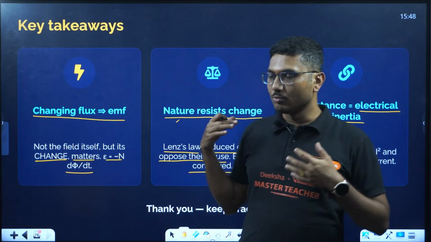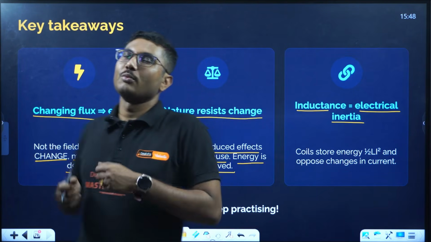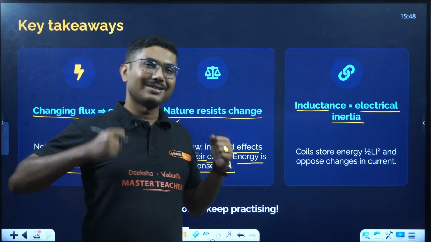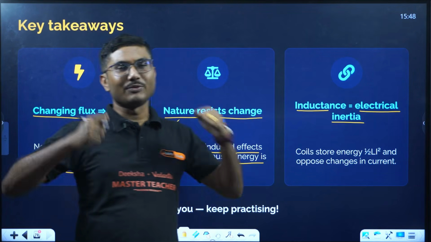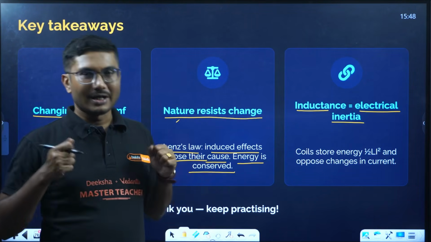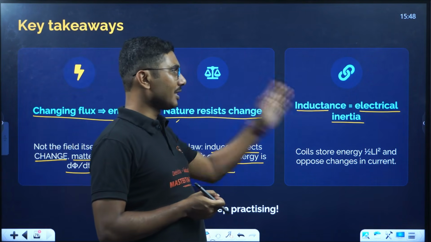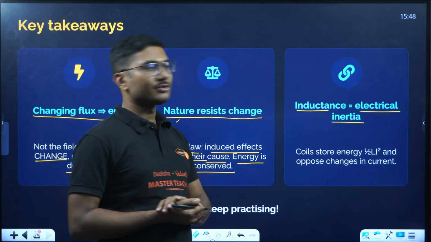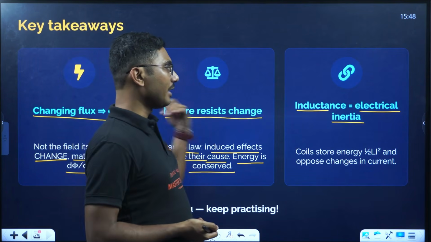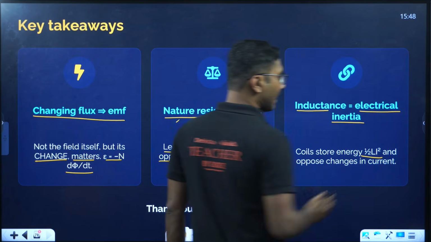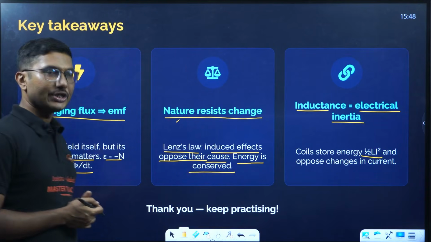Whenever we try to move ourselves, we have to put in some extra effort, because our body stays in its current state. If it is moving, it wants to keep moving; if it is at rest, it wants to stay at rest. So inductance equals electrical inertia. The coil stores energy, given by half L i square, and opposes change in the current.